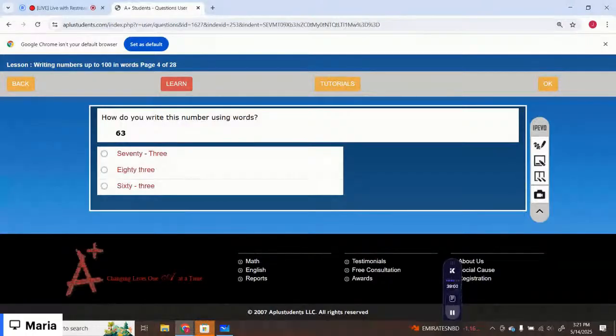How do you write this number using words? That is 63. Option number three is the correct option. It's 63.